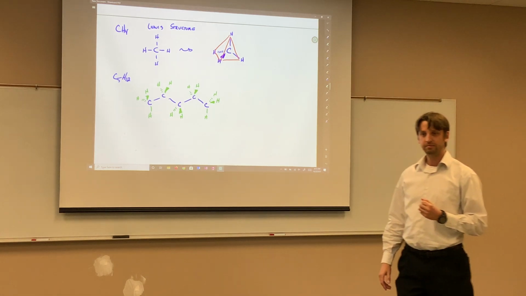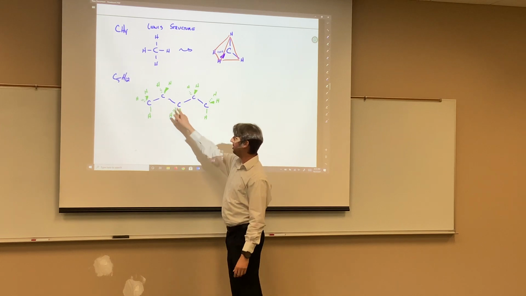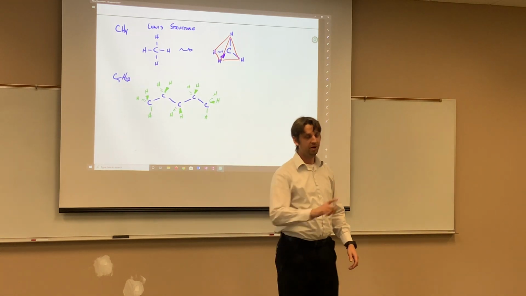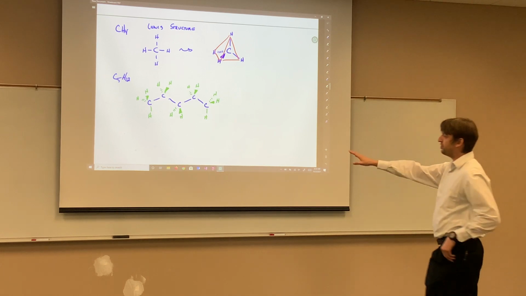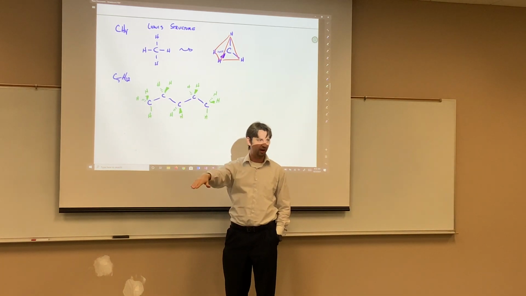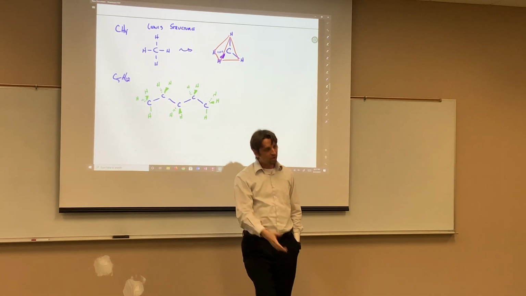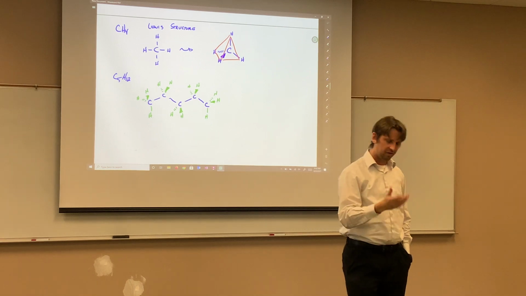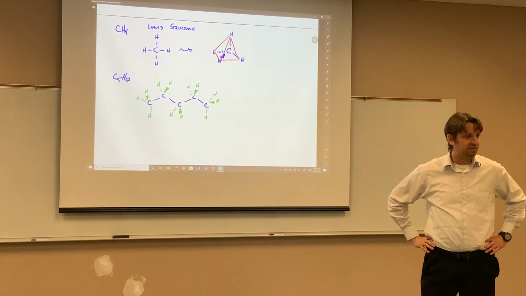But then we'd have to add the wedges and dashes and lines for each of the hydrogens. Notice how we start to draw this: previously we drew the carbons all in a straight line, but now we put a little bit of a bend in there to more accurately represent, as best we can, the actual bond angles.